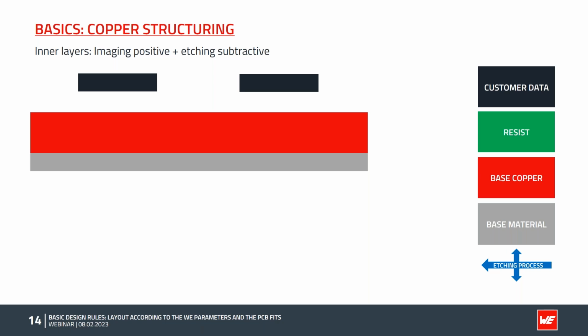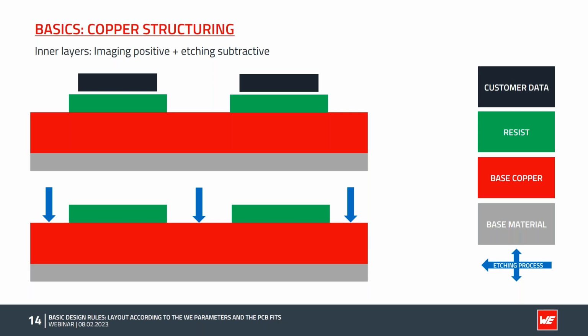What you can see here in red is the base copper on the base material, and the black rectangular shapes are your data, so customer data. Now for the etching process, we need a resist, which is green in this picture, and you can see that it's larger than your data. And this is the starting point where we start the etching process.